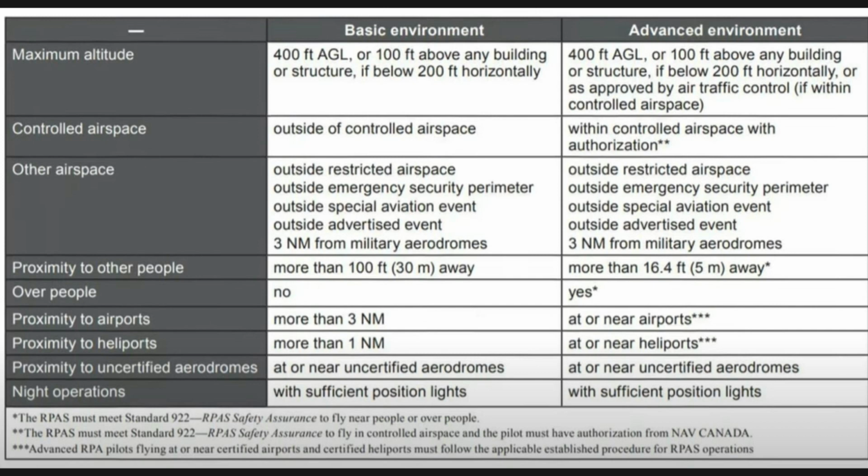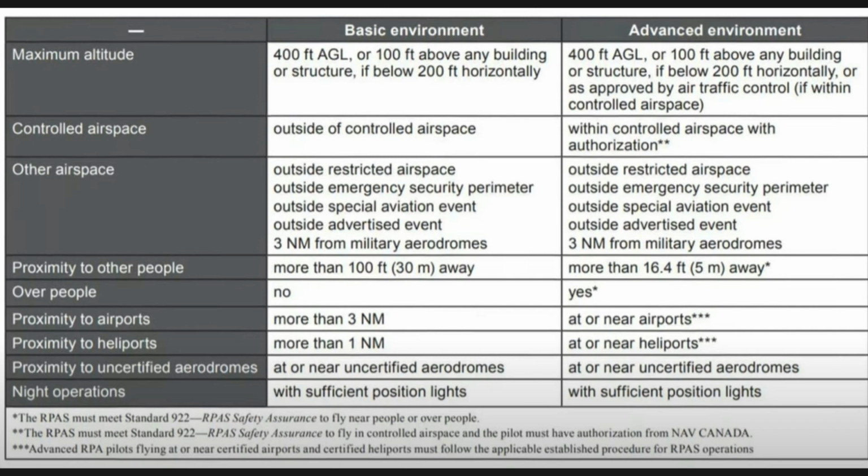Now, for advanced operations, you also need to be 400 feet AGL, that's a maximum ceiling. If you're looking to fly above any building, the maximum height is 100 feet again of any structure. As long as you're within a 200 foot horizontal radius of that building, or as approved by air traffic control within a controlled airspace.